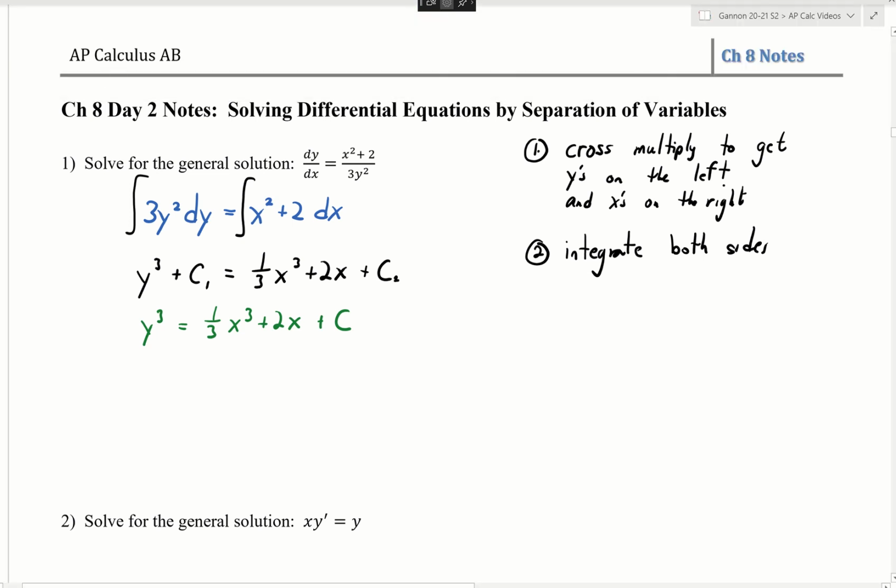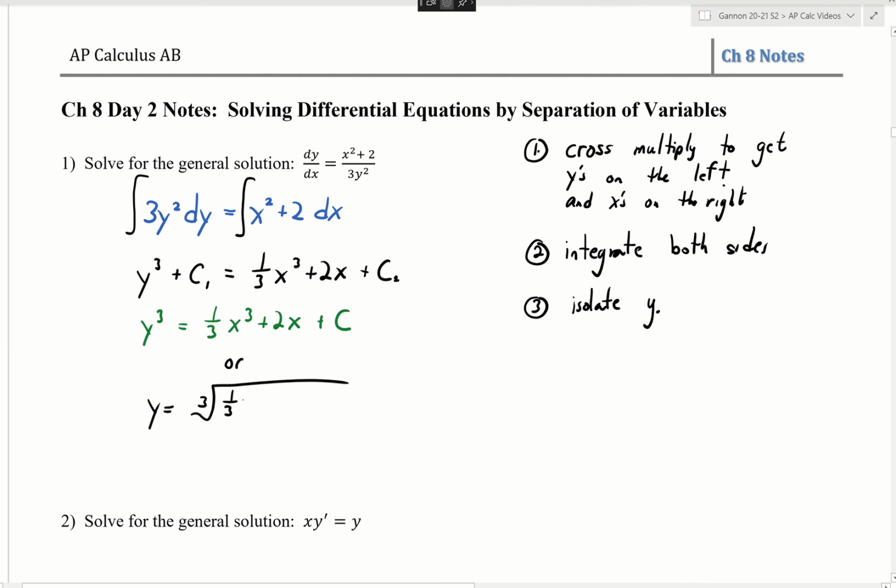All right, and then the last thing is going to be to isolate y. So in this case, y cubed is equal to 1/3 x cubed plus 2x plus c. Now y is not technically isolated in that situation. In order for us to truly isolate y, we would need to take the cube root of both sides.